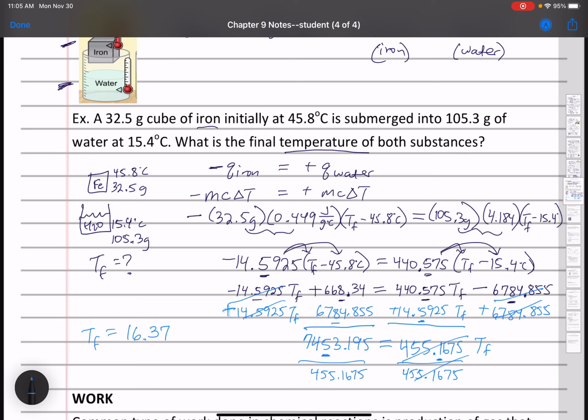Let me check my math here. So this is the final temperature.